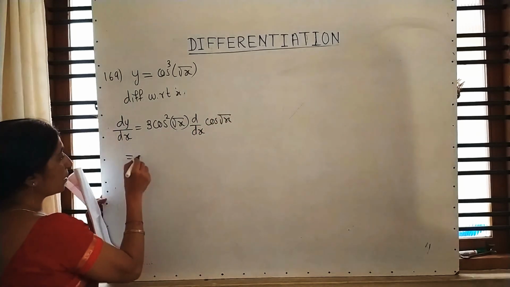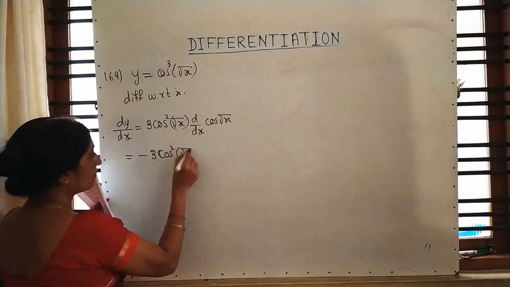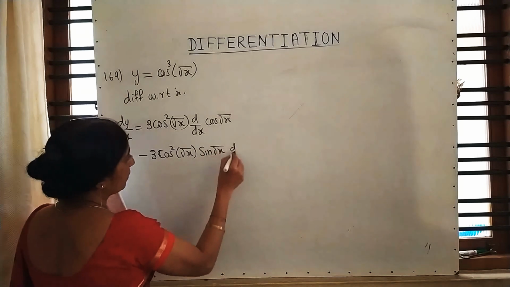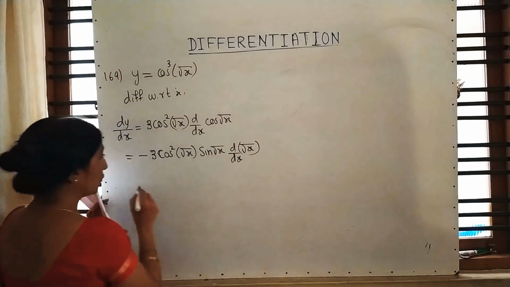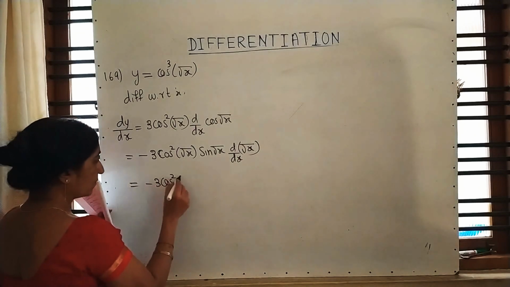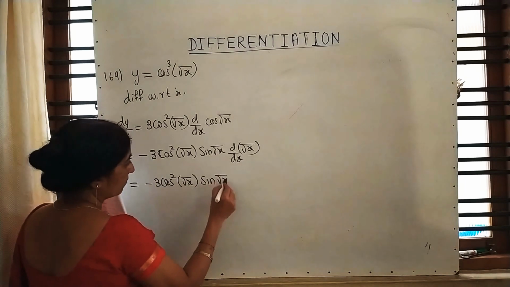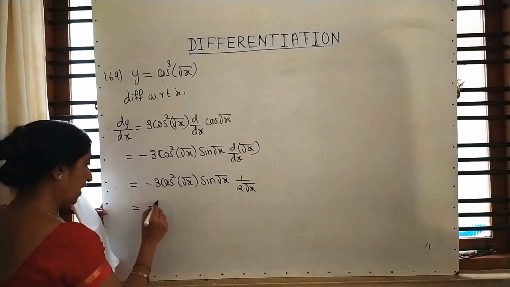Differentiation of cos is minus. I wrote first only. After that, differentiation of root x. Differentiation of root x is 1 by 2 root x. Into 1 by 2 root x. If you want, you can write like this.